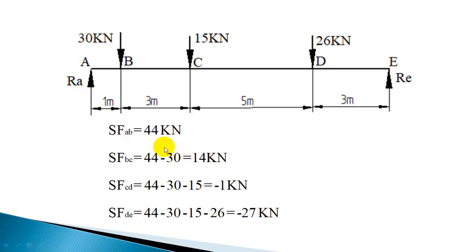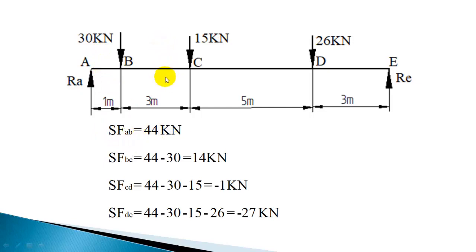Now let us calculate the shear force at various sections. Ra is 44. If you take a section between A and B, the shear force is plus 44 because the force acting on the left side is 44 kilonewton. So the shear force at section AB is 44 kilonewton.